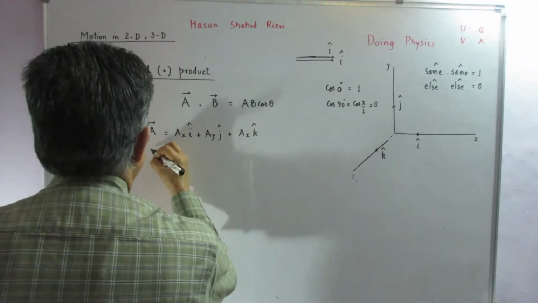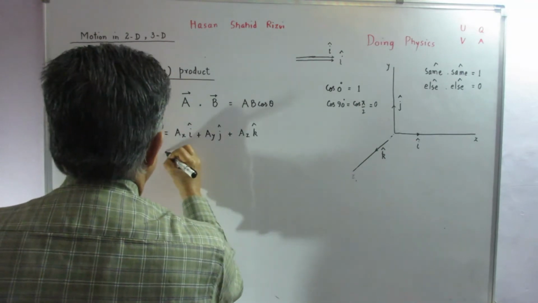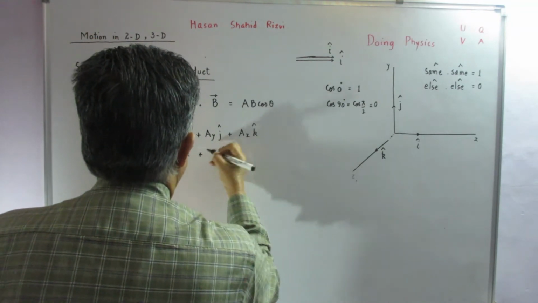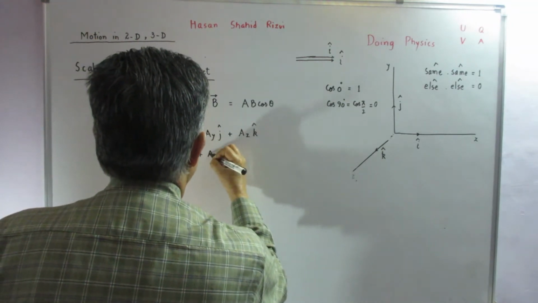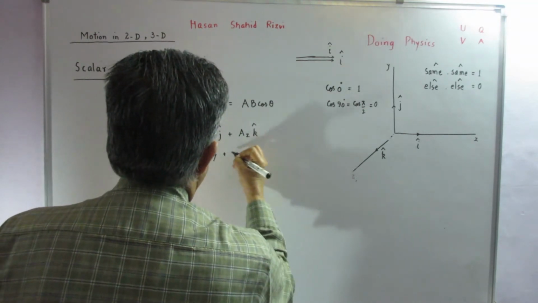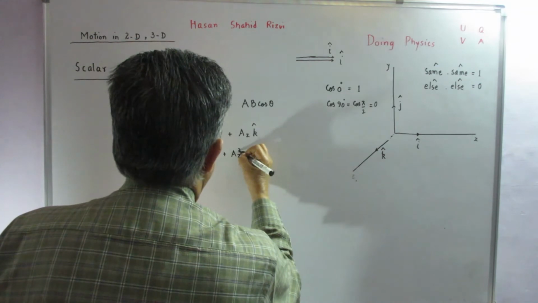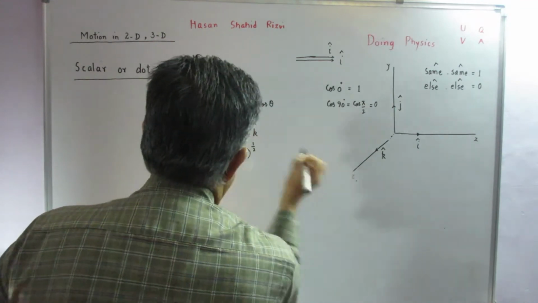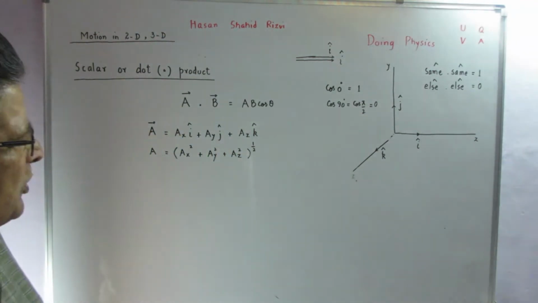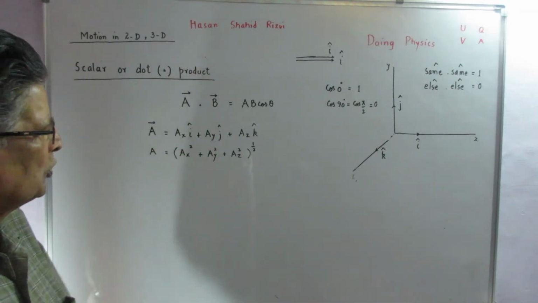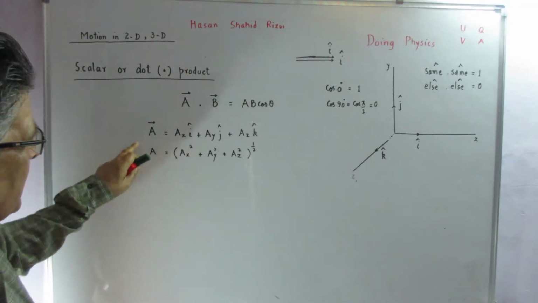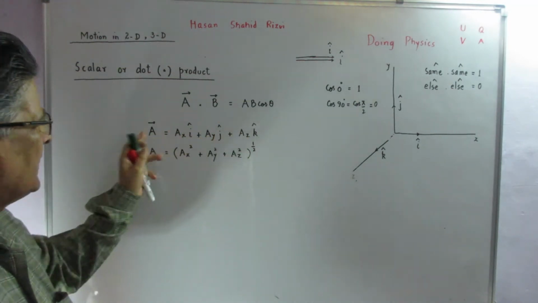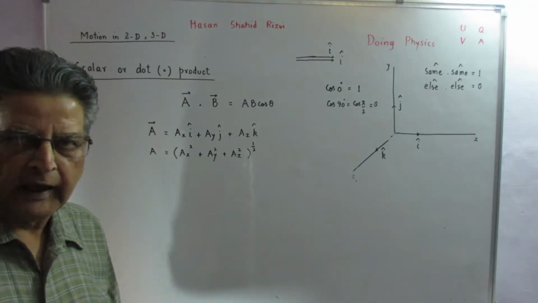So the value of the scalar A is equal to Ax square plus Ay square plus Az square, whole raised to the power half, or the square root of Ax square plus Ay square plus Az square. So if I have numerical values given to Ax, Ay and Az, then I can calculate the value of the magnitude A.